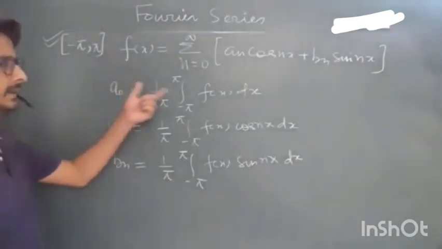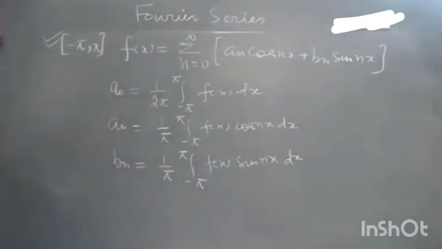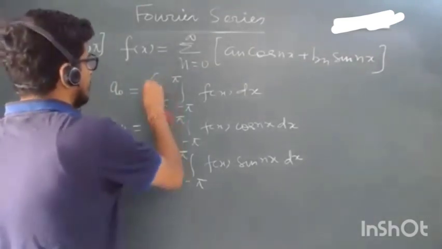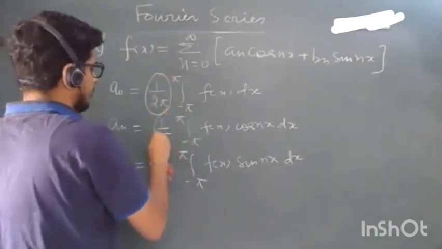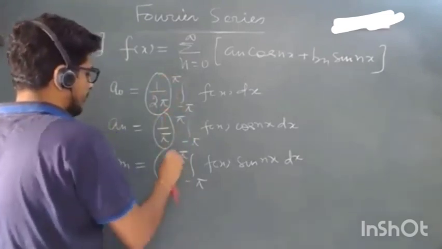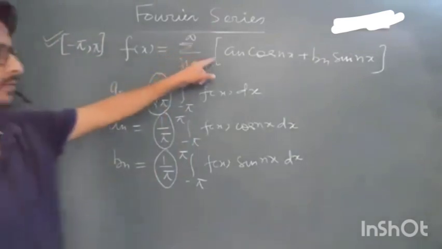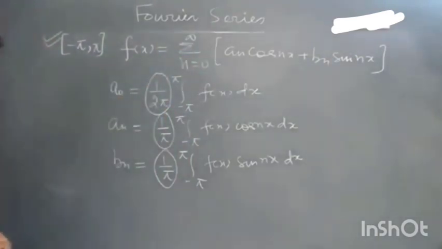So write this formula also separately so that no confusion remains. And here you can see 1 by 2 pi, then 1 by pi and 1 by pi will come. Because you did not take a naught by 2 to balance it, so whatever is coming, that I have written.